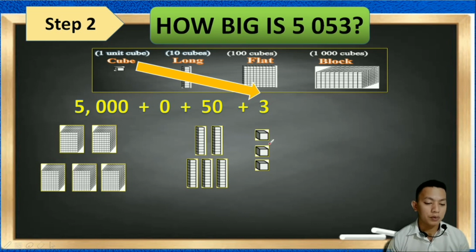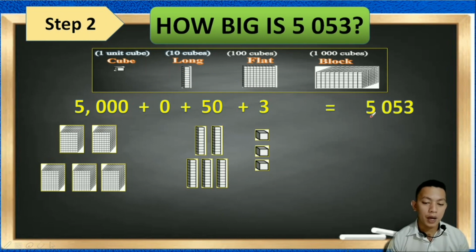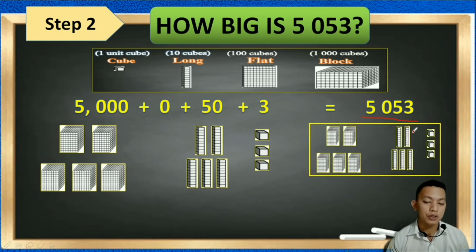Very good. We have 3 cubes because the equivalent value of a cube is 1. So all in all, we have 5,053. So the visual representation of 5,053 is 5 blocks, 5 longs, and 3 cubes.